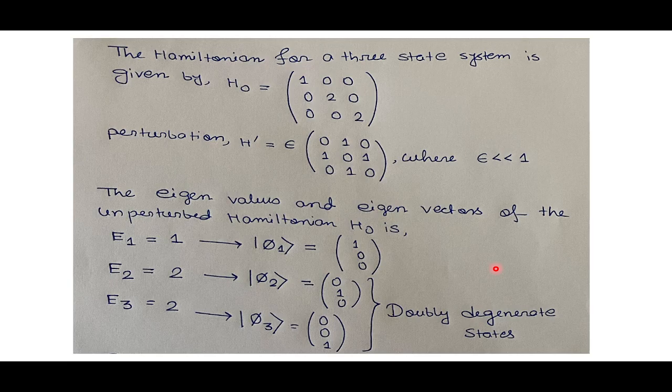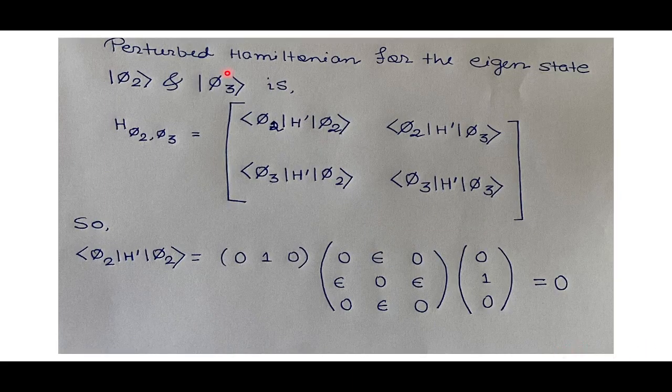So these are the three eigenstates and three eigenvalues of this unperturbed Hamiltonian. Here you can see the two eigenvalues are the same, so these two states are doubly degenerate states, right. Now, how do we write the perturbed Hamiltonian?